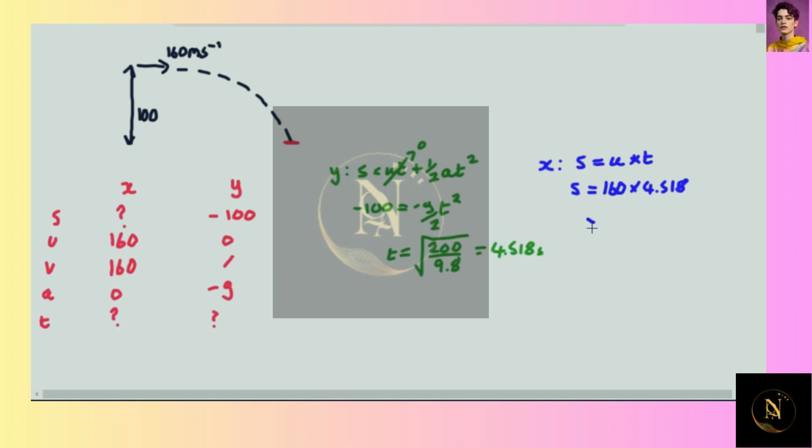Hence the distance it travels is 722.8 meters. What this means is that we have to release the package 722.8 meters sooner than if we were on top of the island. So this distance here is 722.8 meters, and that's when we have to release the package in order for it to land on the island.